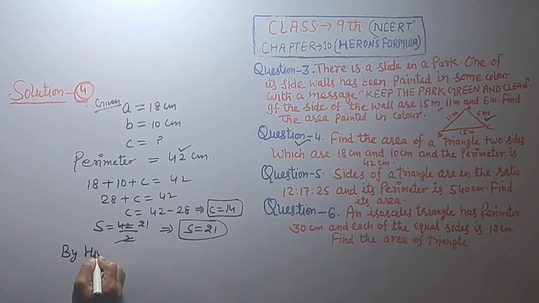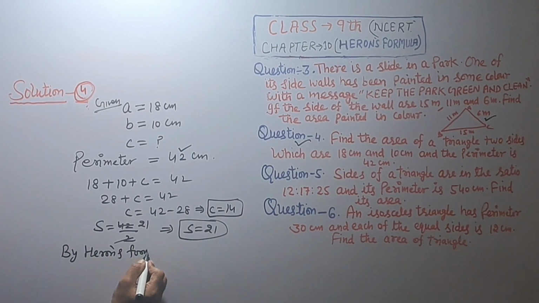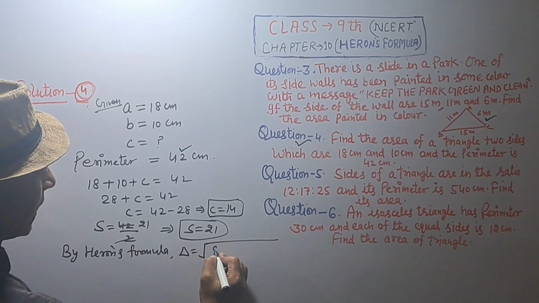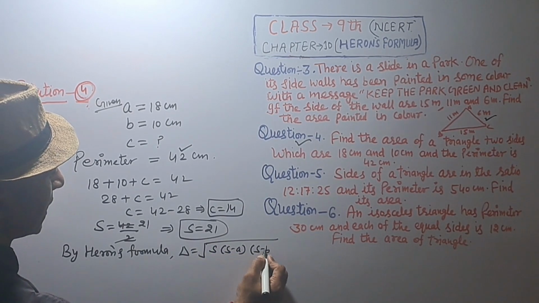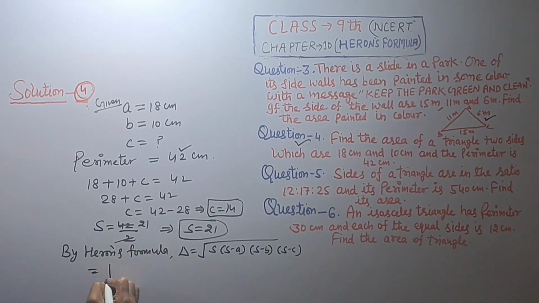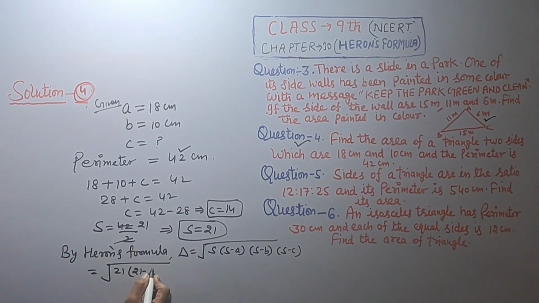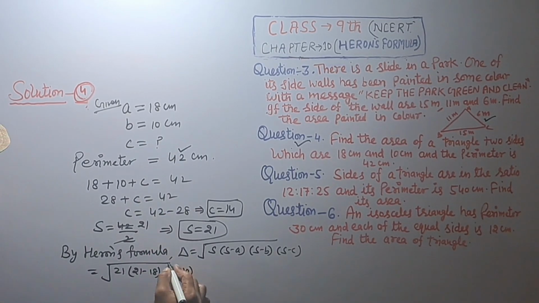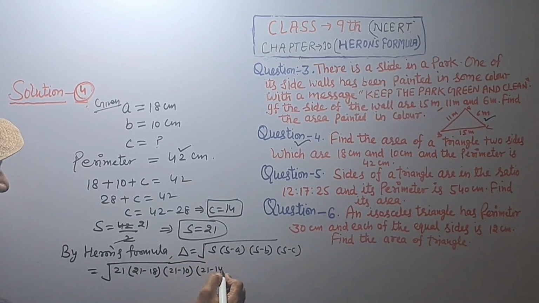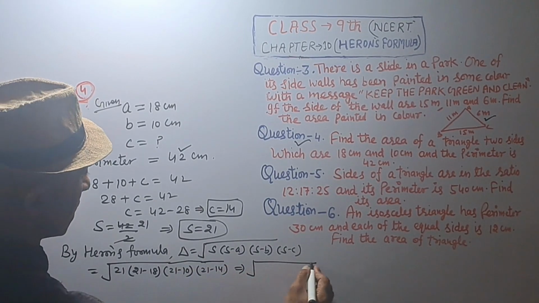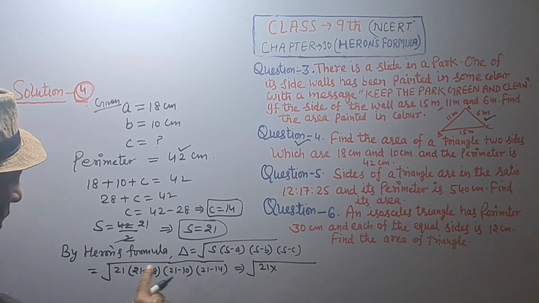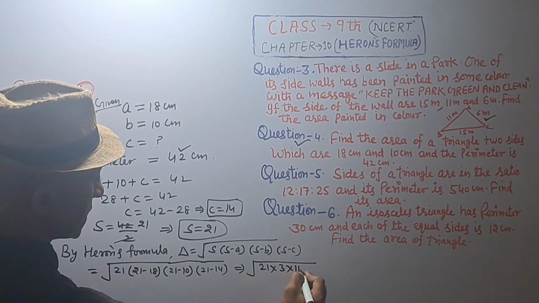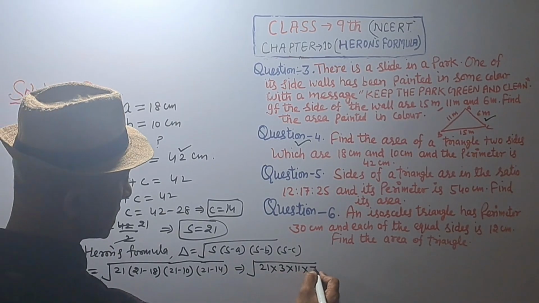By Heron's formula, area of triangle is equal to root of S into S minus A into S minus B into S minus C, that is equal to 21 into 21 minus 18, 21 minus 10, and 21 minus 14, which implies 21 into 21 minus 18 equal to 3, 21 minus 10 is 11, 21 minus 14 is 7.